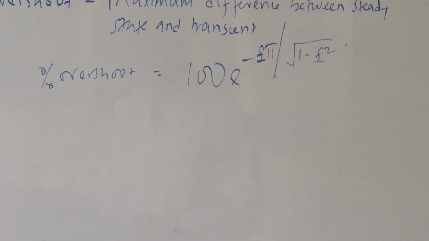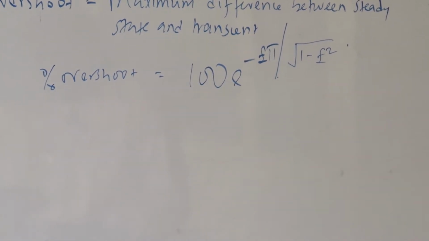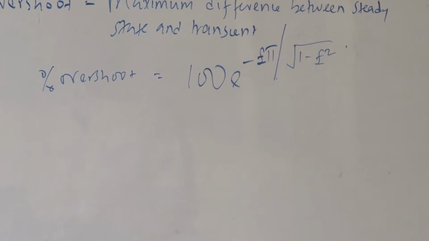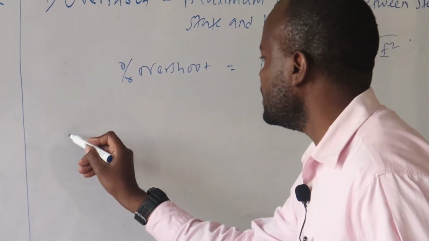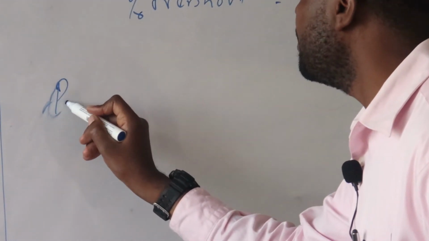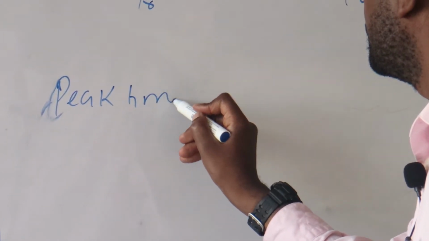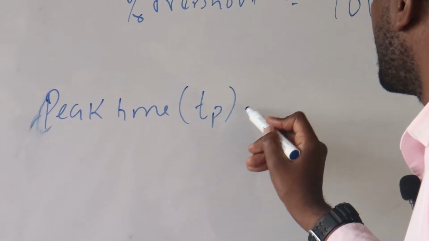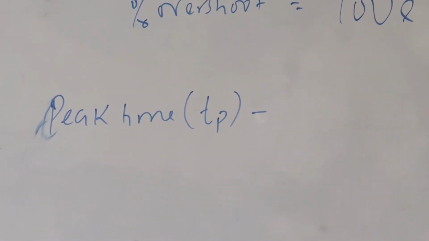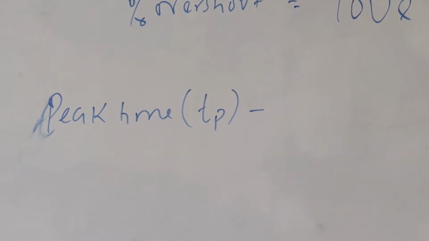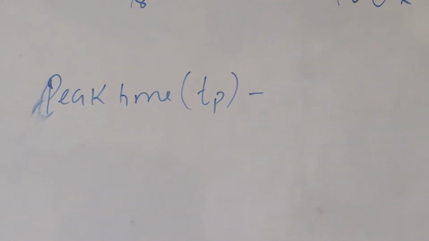At that particular point where we get the overshoot, we have the time that is taken to reach the first overshoot, which is referred to as the peak time, TP. This is the time taken for the response to reach the first overshoot.